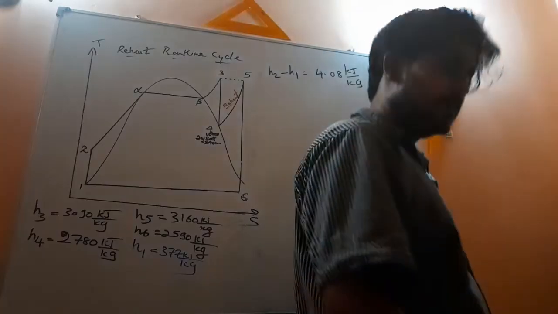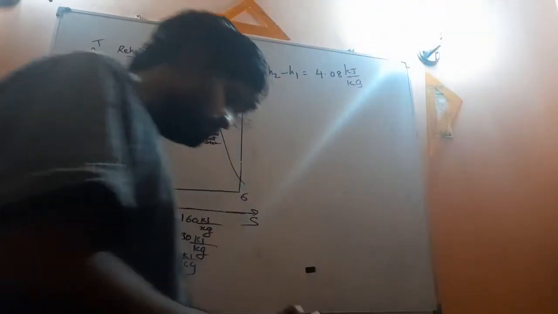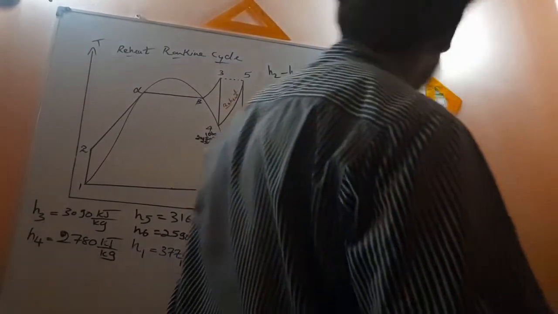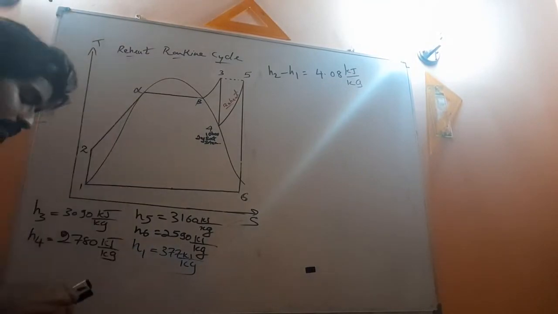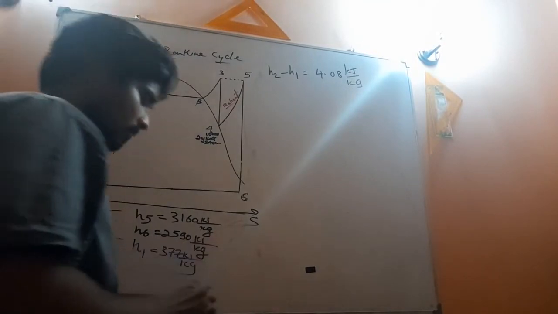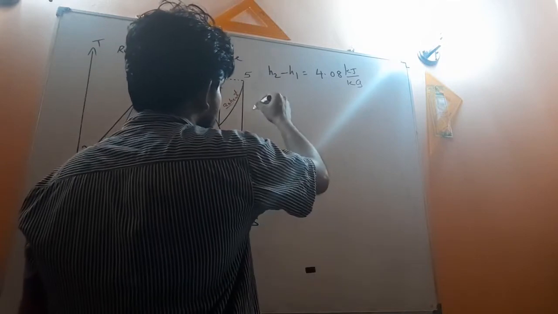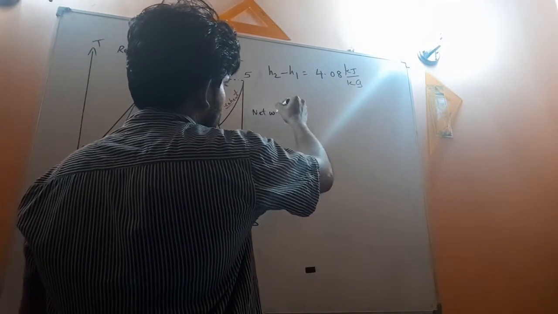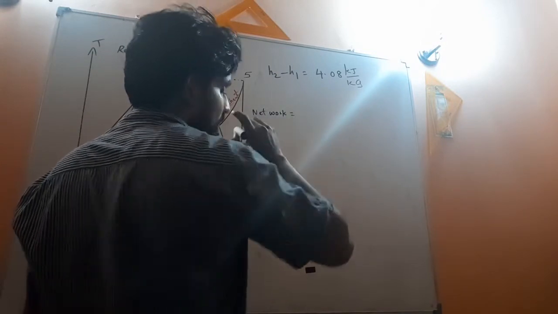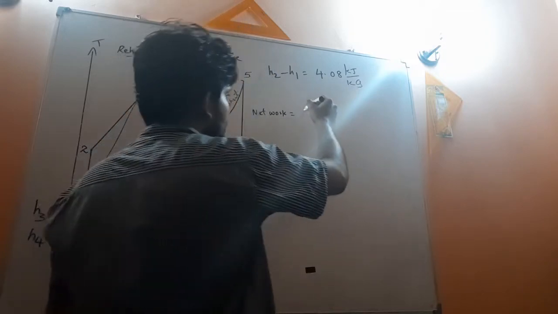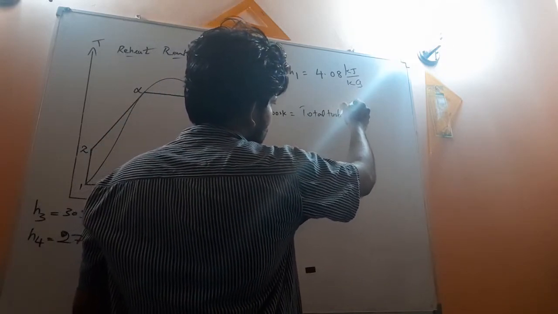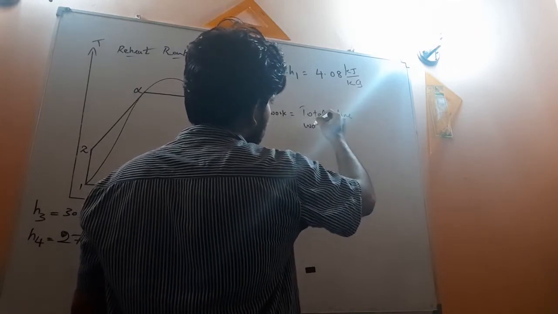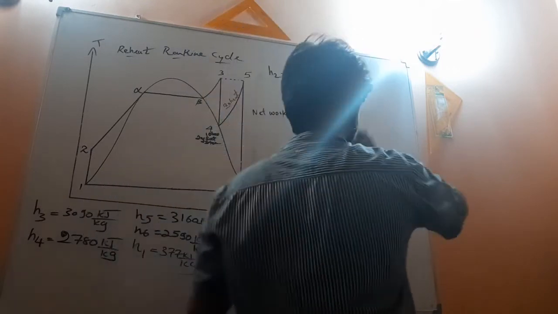Now we have to find the net work. The question asks for the net work and thermal efficiency of the cycle. Very easy. Net work equals total turbine work minus pump work.